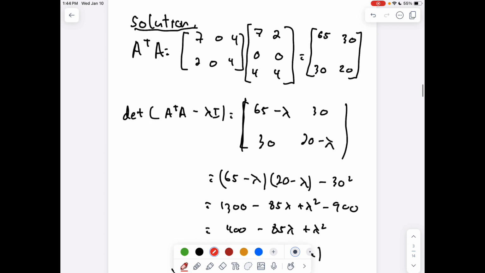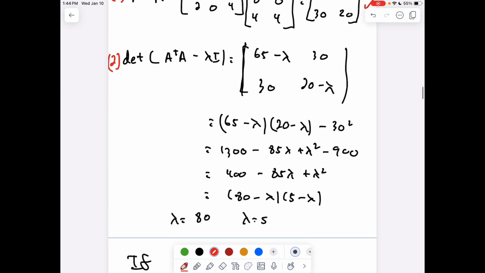Let's go through the first 2. First, I'm going to find what A transpose A looks like, which, by matrix multiplication, is what you see right here. Step 2, I'm going to find the eigenvalues and the eigenspaces that correspond to the eigenvalues. You take your matrix, subtract lambda I, and take the determinant of that. We set this equal to 0, and that's how we find our eigenvalues.